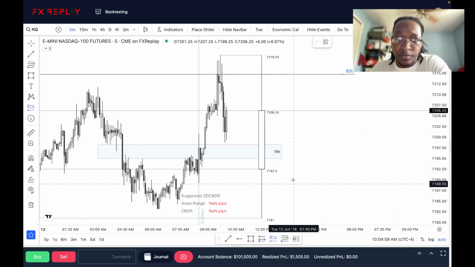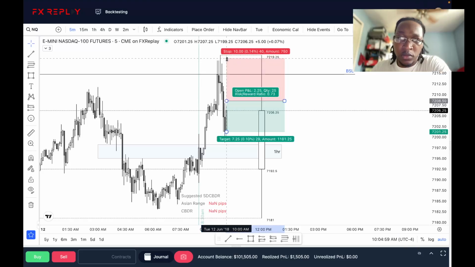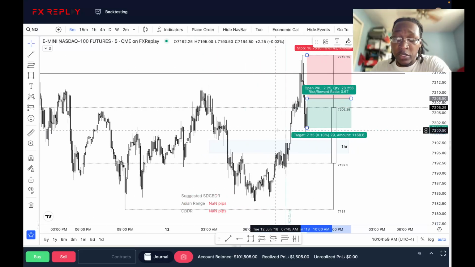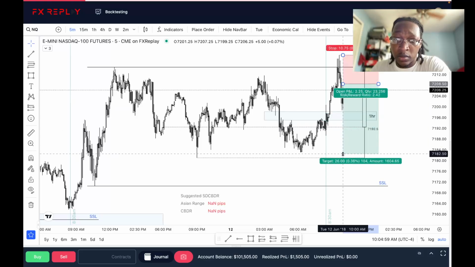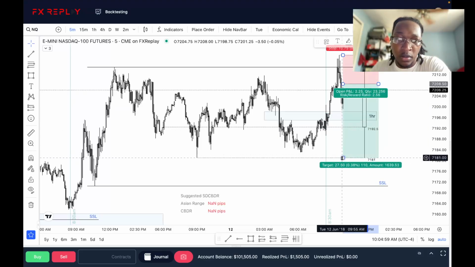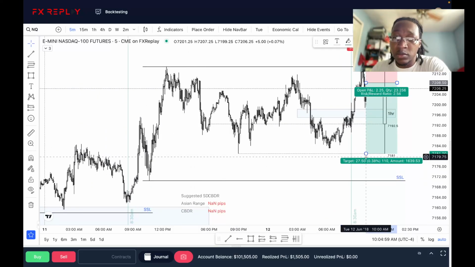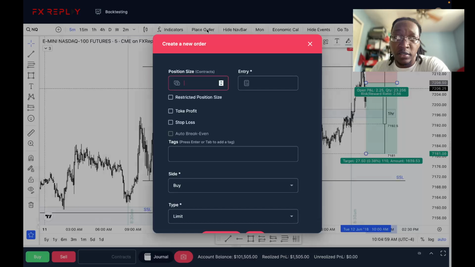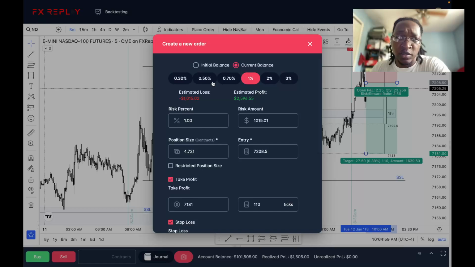I'm gonna take this sell. I'm confident in it. We took out buy side and we started shifting lower. I mean, I don't see why we would continue higher, although we are structurally bullish, but we have a ton of sell side below us. So I'm going to take this sell and just manage my risk properly.